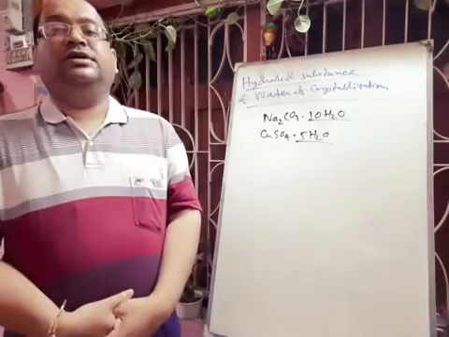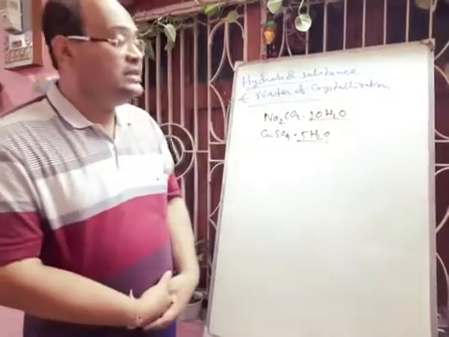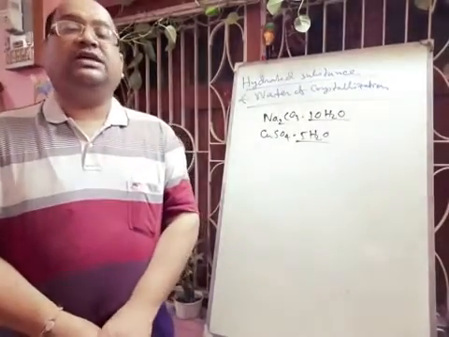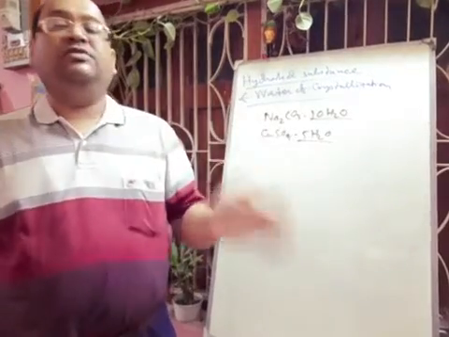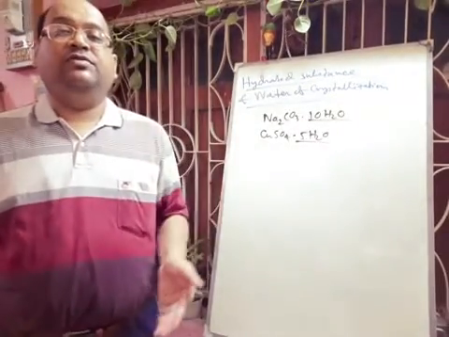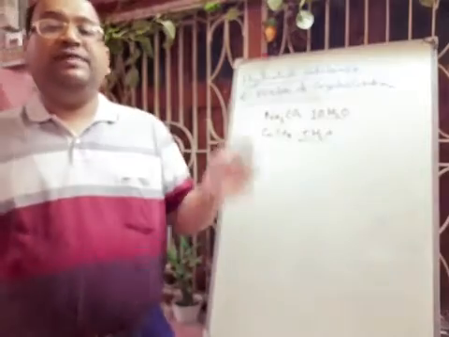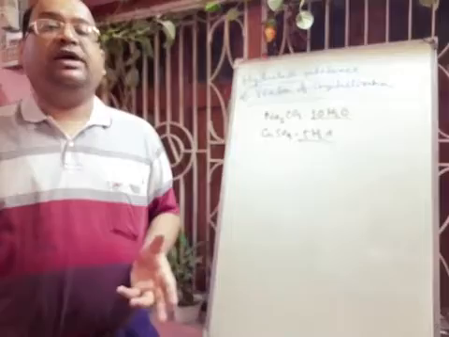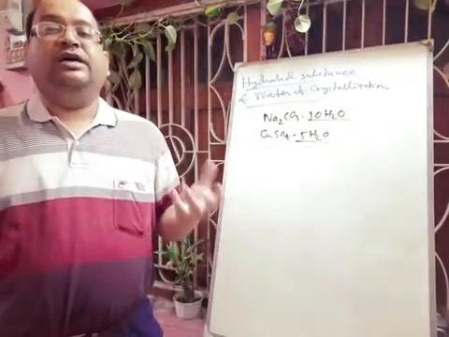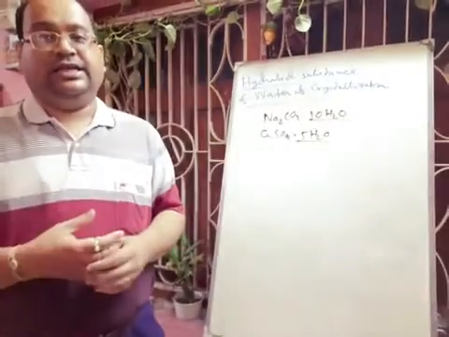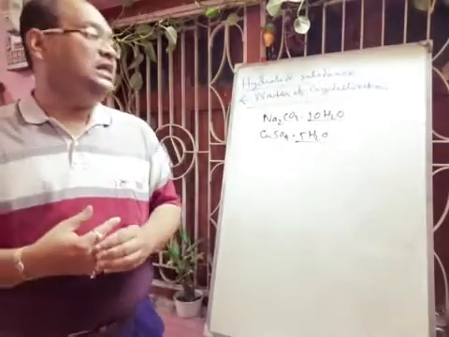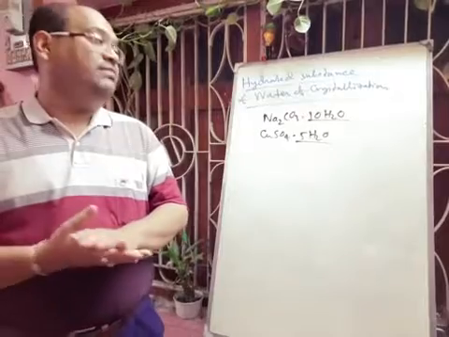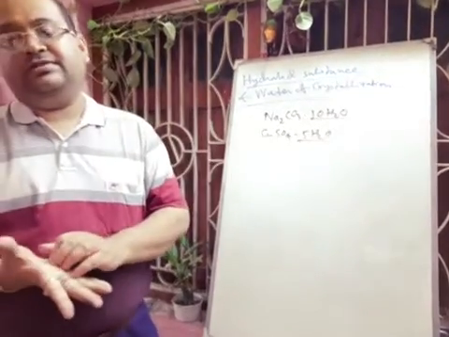If you heat this green vitriol strongly, first there will be a color change from green to white. Then if you heat strongly, there will be decomposition of this FeSO4 to form a brown residue, along with the evolution of sulfur dioxide and sulfur trioxide gas. Hope you can understand. So in other cases also, you will get anhydrous compounds whenever you apply heat to this type of hydrated substances.